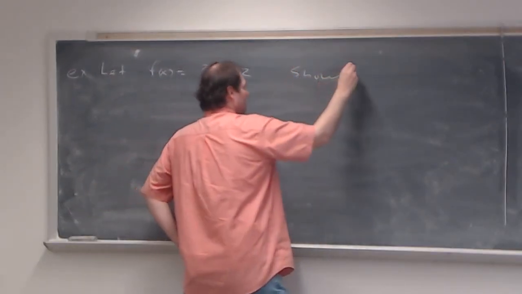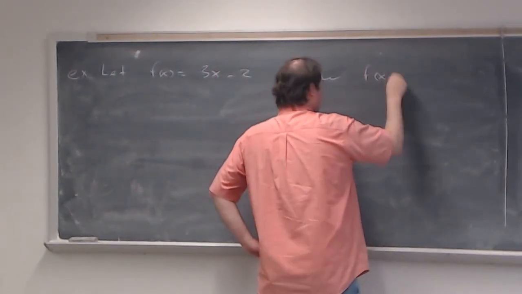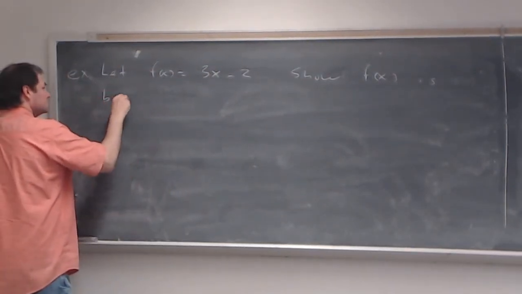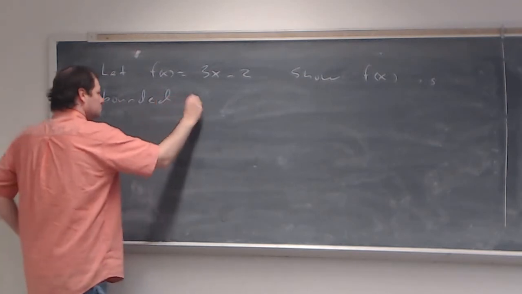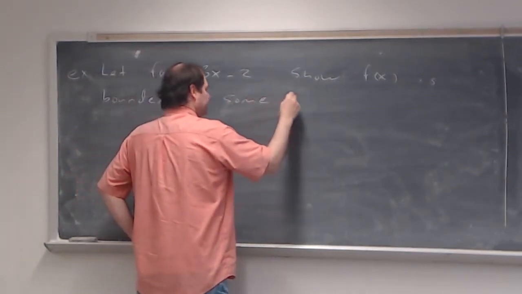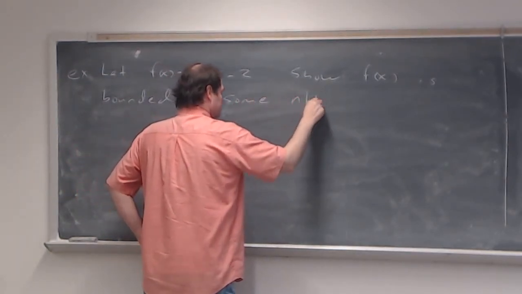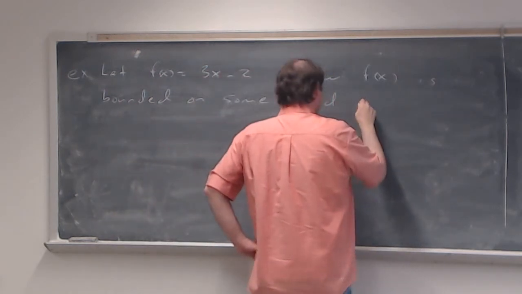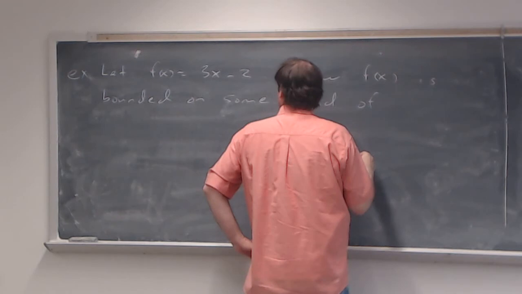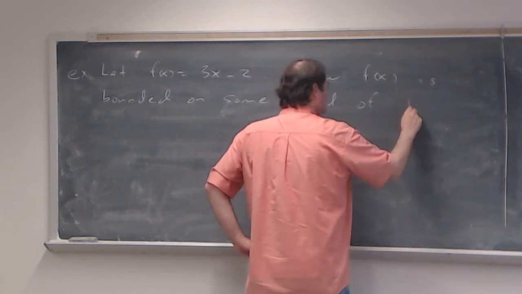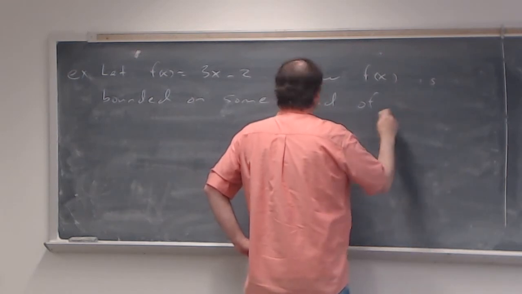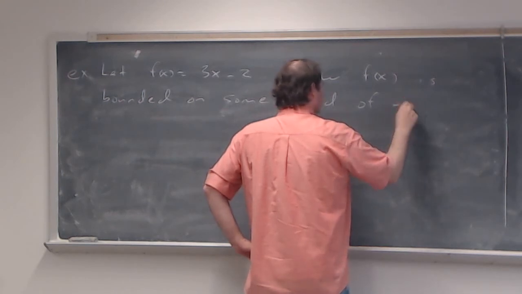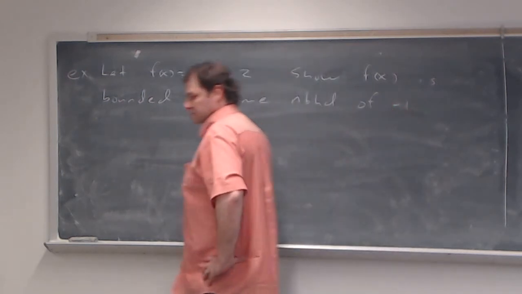Show f of x is bounded on some neighborhood. Let's say the number 1. Let's make it the number minus 1. Minus 1 is what it is.